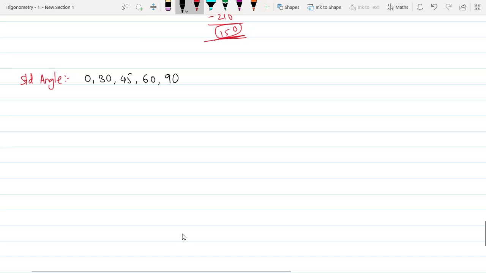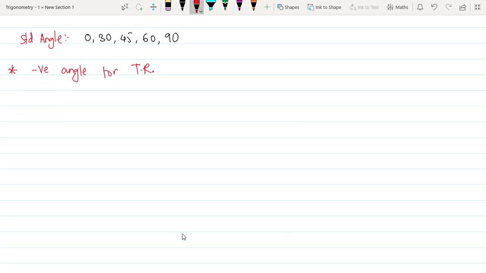Okay, so before that I want to get the negative angle of the trigonometric ratios, that is sine, cos, tan, cosec, sec, cot. Negative angle means what?